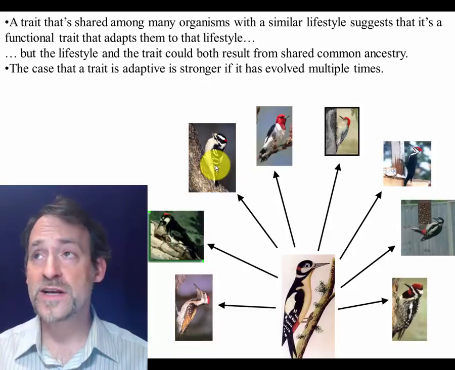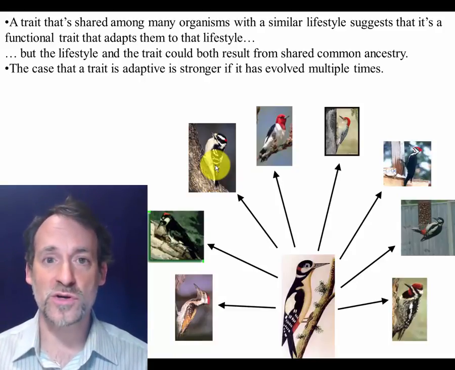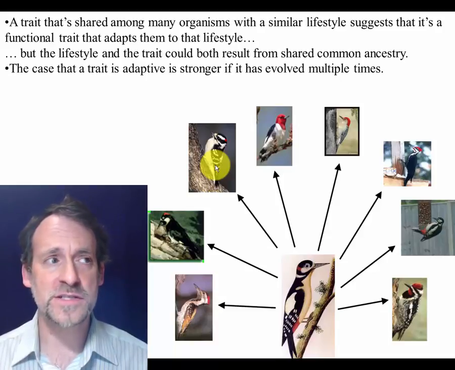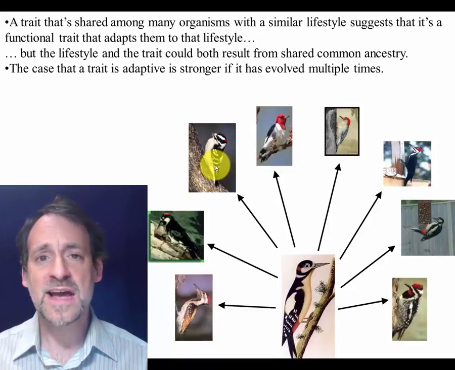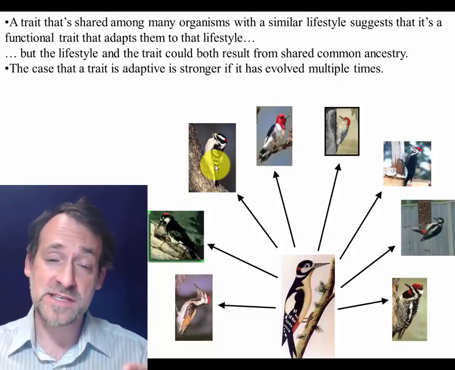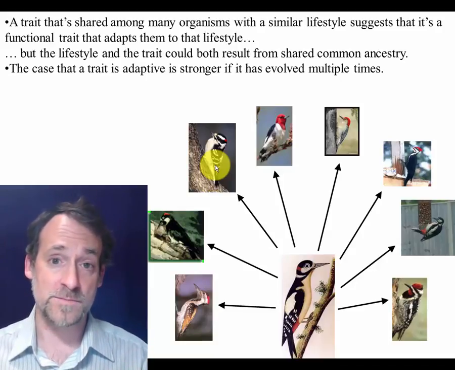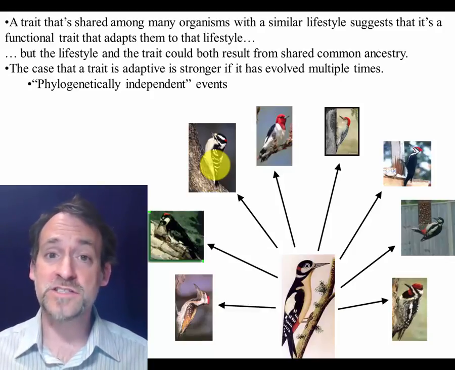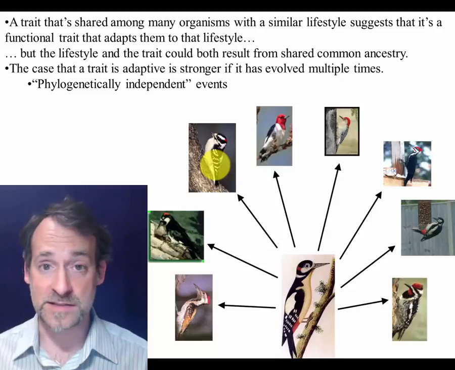The case that a trait is adaptive is much stronger if you can identify the function of that trait, but another thing you can look for is, has this trait evolved multiple times in species with this particular lifestyle? Okay, if it has, what you've got are what are called phylogenetically independent events.